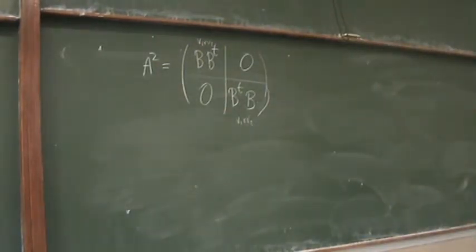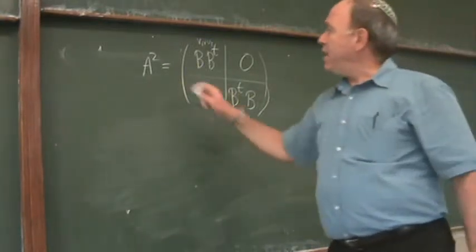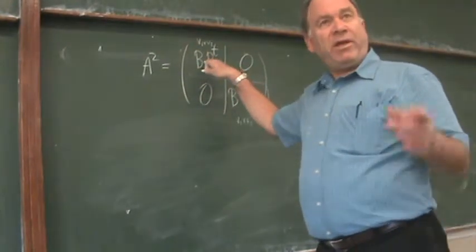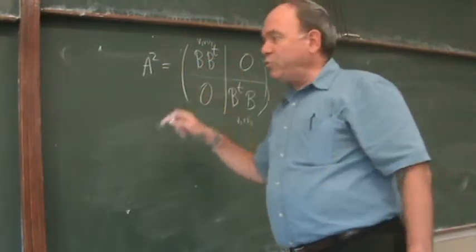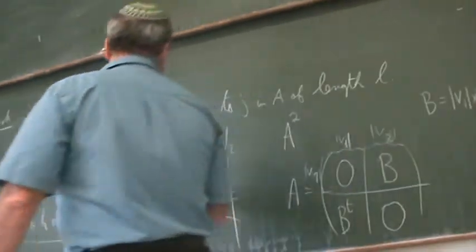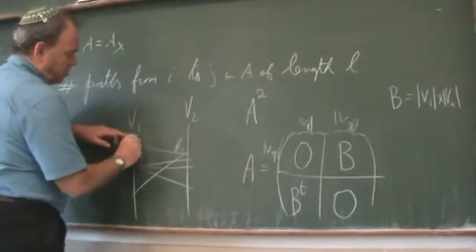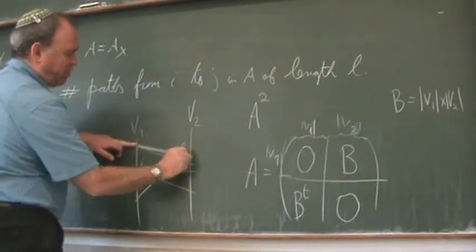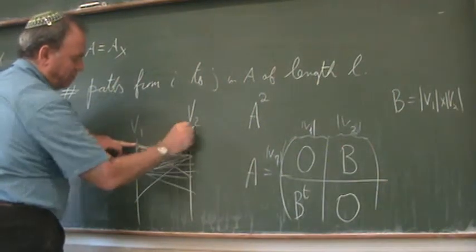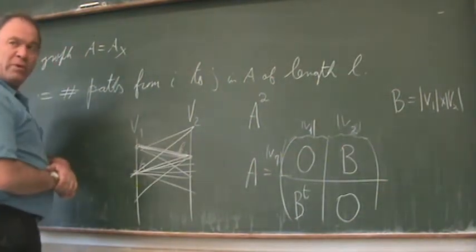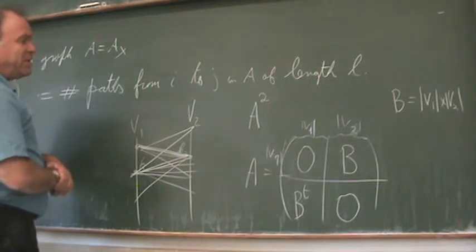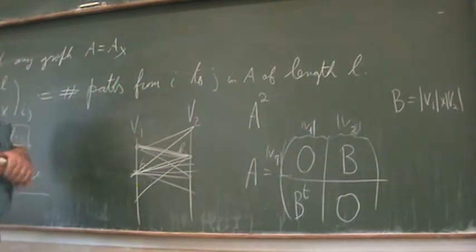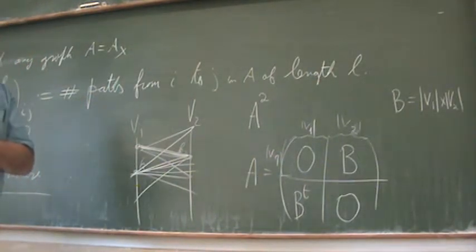We also understand it combinatorially, because the entry here will tell you in how many ways you can go from a vertex here to another vertex here in two steps, maybe with more than one way. By the way, in this A squared, we have a fairly large number on the diagonal. Why?